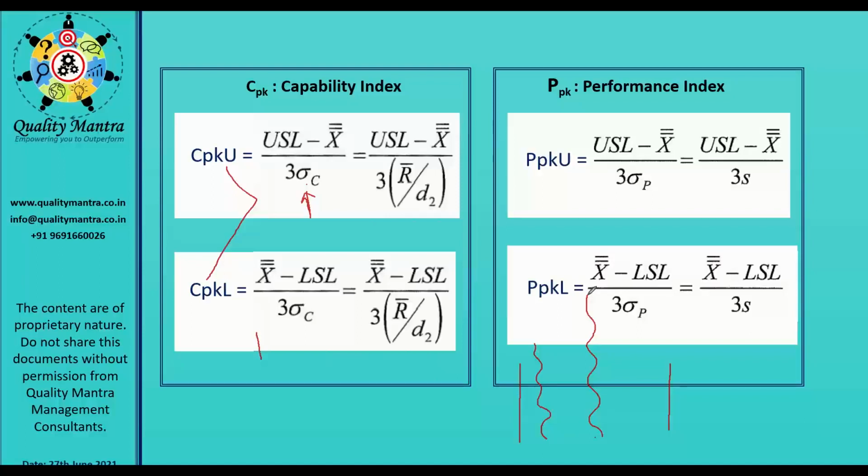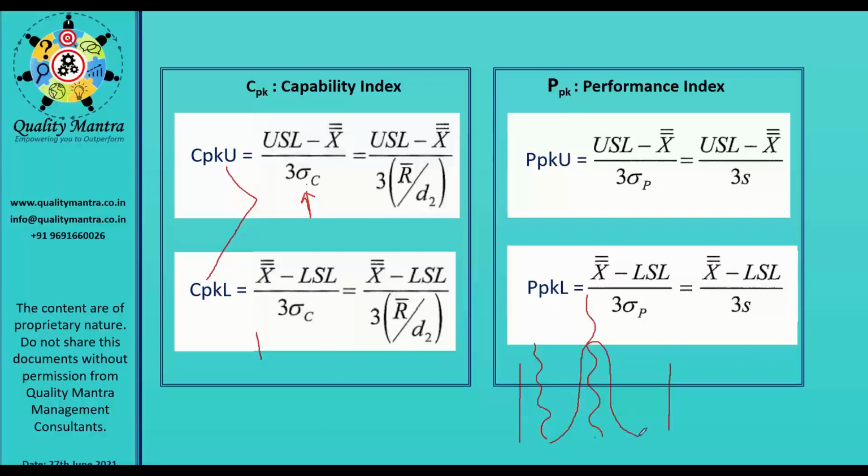If you have a customer, they must have given you certain capability requirements. This is the minimum that they want. Why? Because the chances of producing non-conforming product are lower if you run a process with a higher capability. Higher the capability, lower the chances.